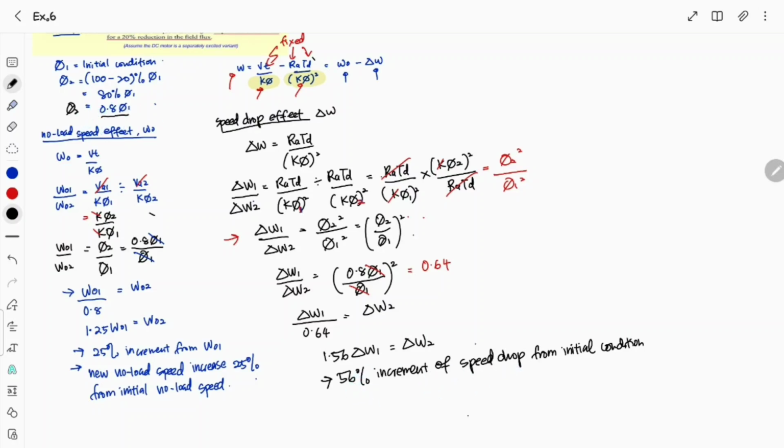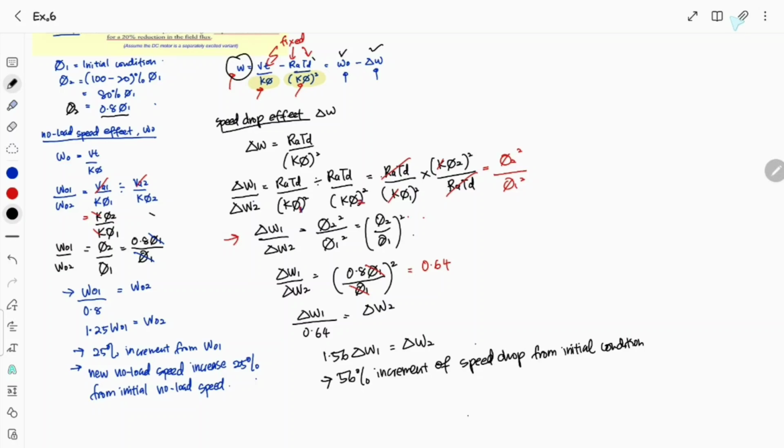You see, it is not a drastic reduction. You reduce just 20%, but it goes up to 56% of speed drop. Okay, when the speed drop increases, the no load speed also increases, which means that when this part is increased together with this part, motor speed will also increase. But in the initial setting, you actually reduce flux. Okay, flux reduction will increase your speed.